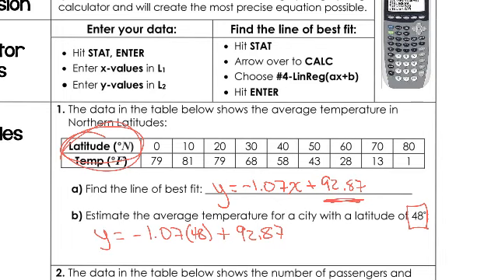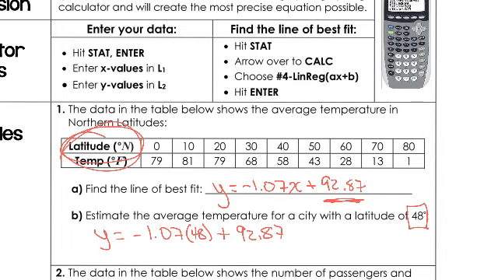Okay? So we're going to come over here. We're going to clear, delete out of our table here, and we're just going to do some math. So we'd say, okay, negative 1.07 times 48 gives me negative 51.36, plus 92.87.